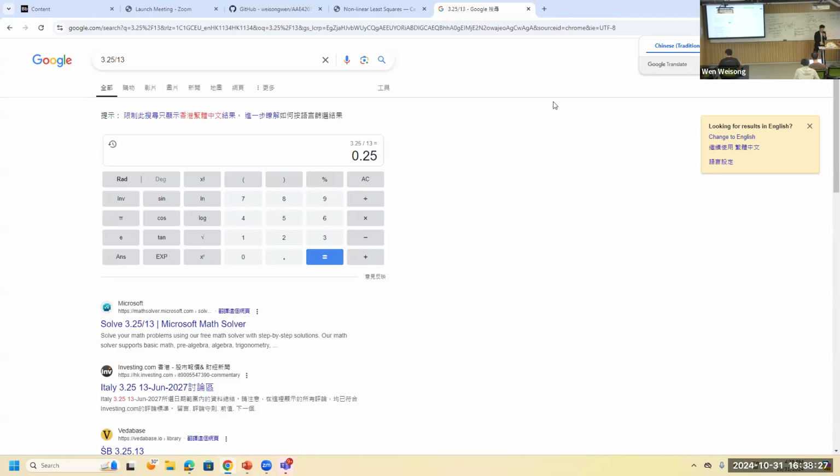Finally, the finalized solution should be x equal to 2 by 3, y equal to 1 by 4. Please take a try.